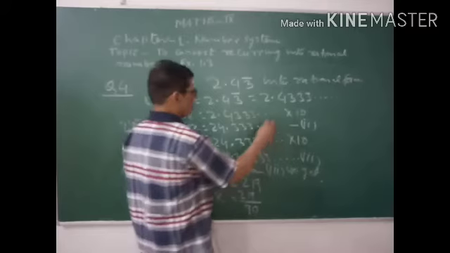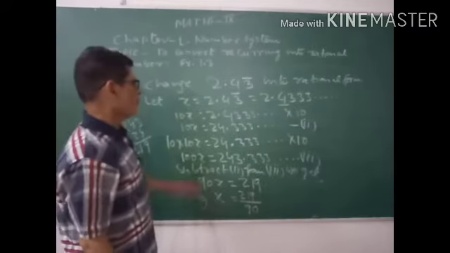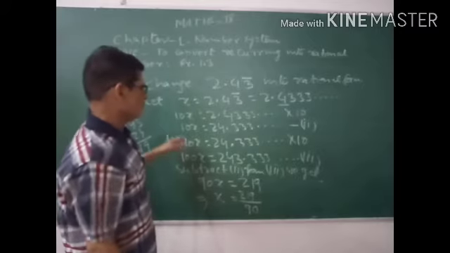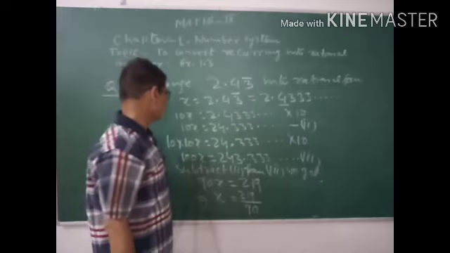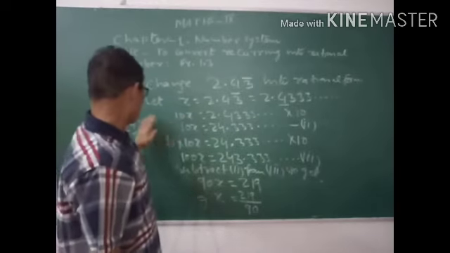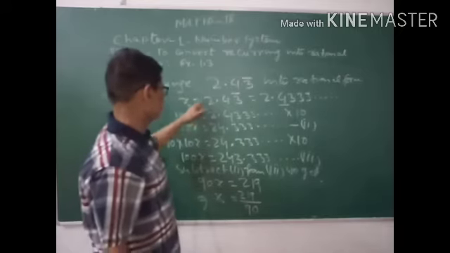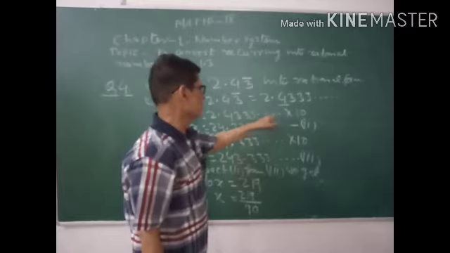Now we want to take out only 4 from the decimal part. We are supposed to multiply by 10 on both sides. So then here we shall get 10x, and this will become 2.4333 into 10.